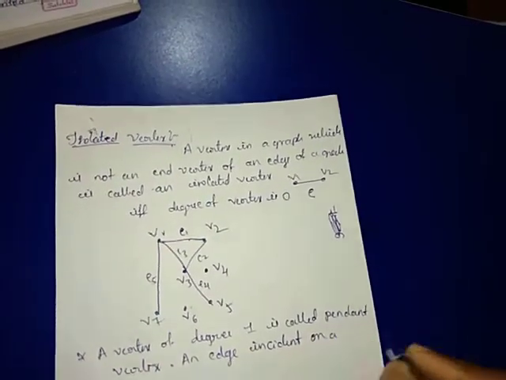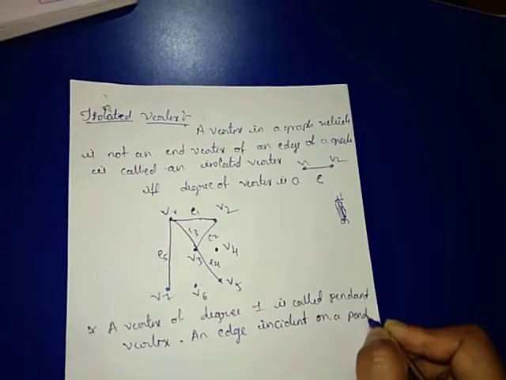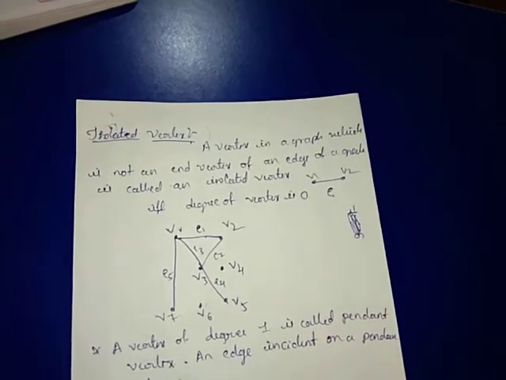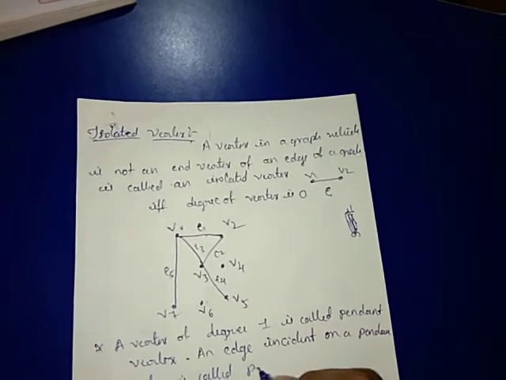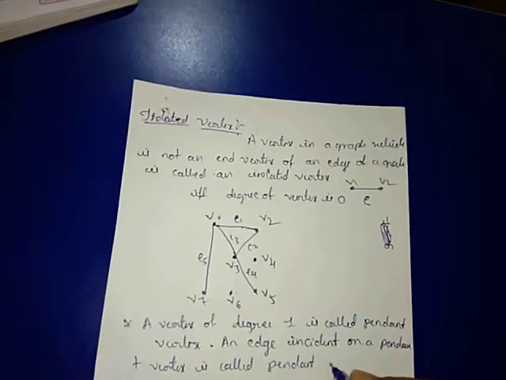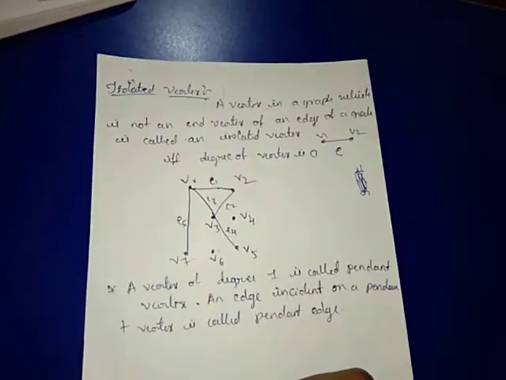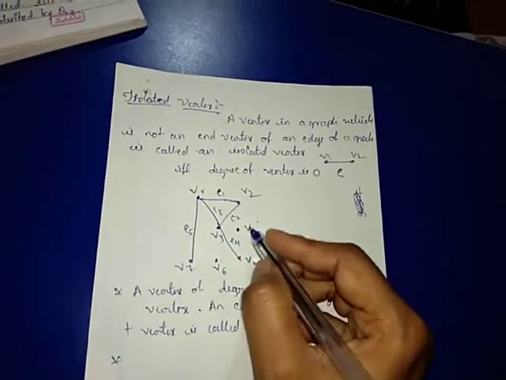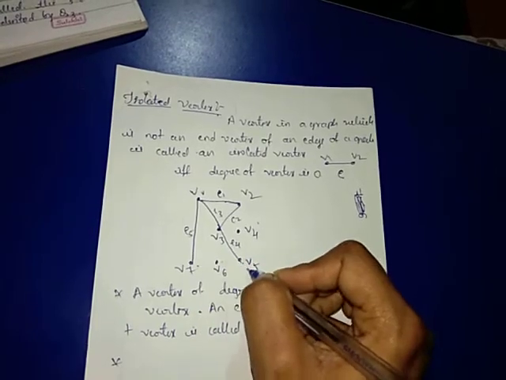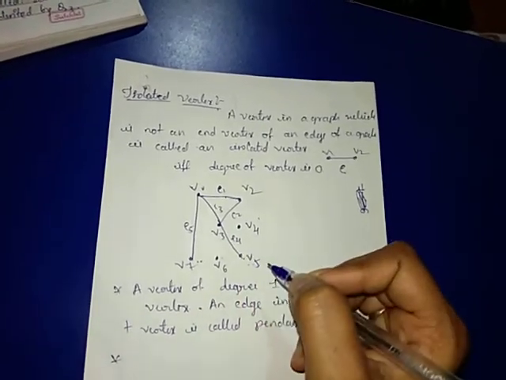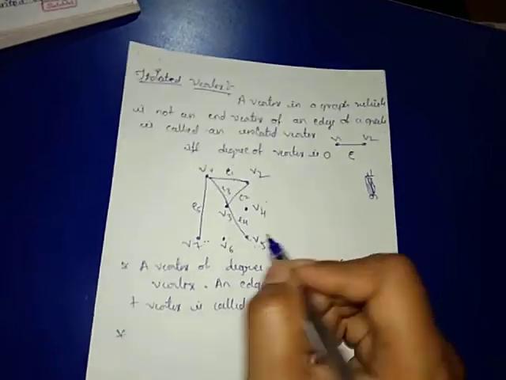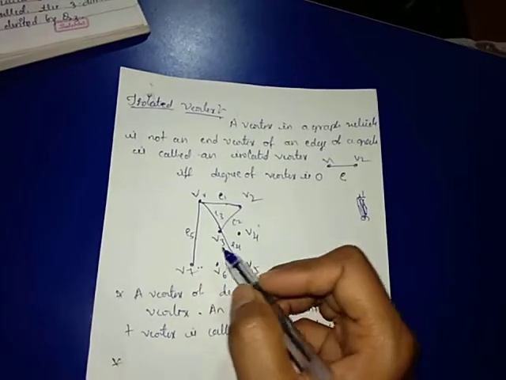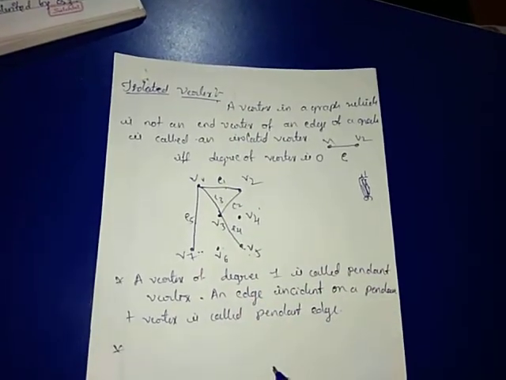So in this graph, V5 and V7 are called the pendant vertices, and the edges E4 and E5 are called the pendant edges.